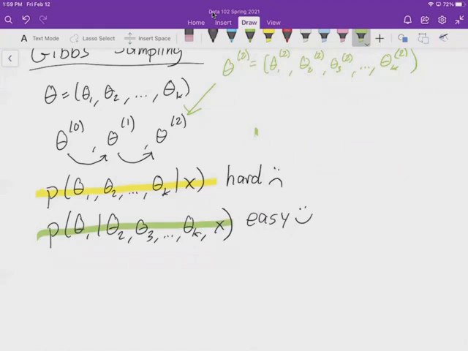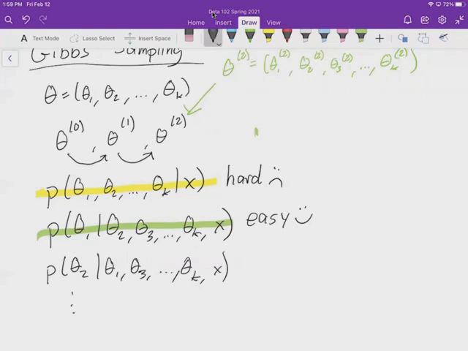There are lots of models set up so that if I knew all the others, theta 1 has some really simple distribution. And similarly for theta 2, we have to be able to compute theta 2 given theta 1, theta 3, and so on and so forth.